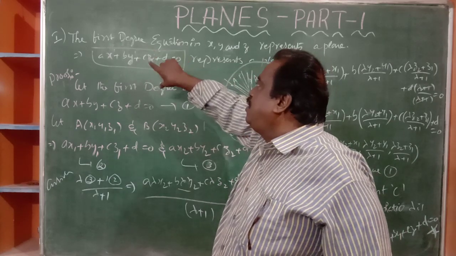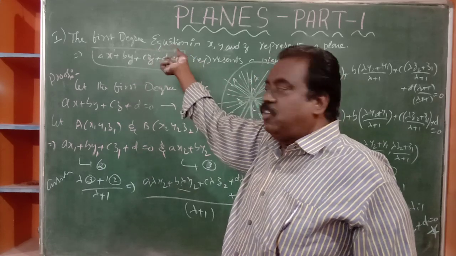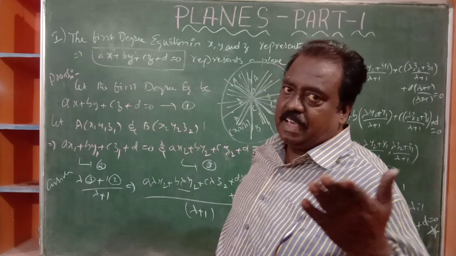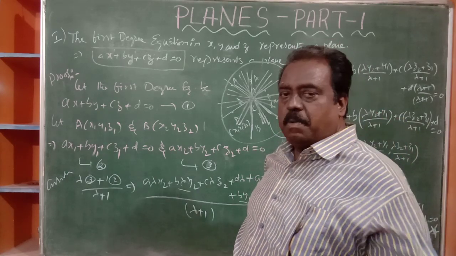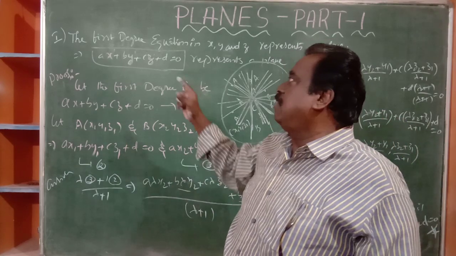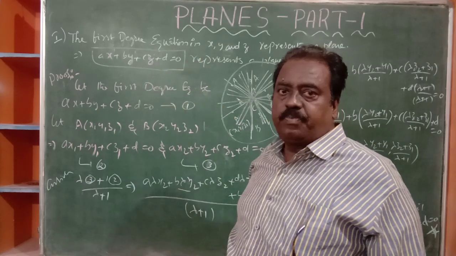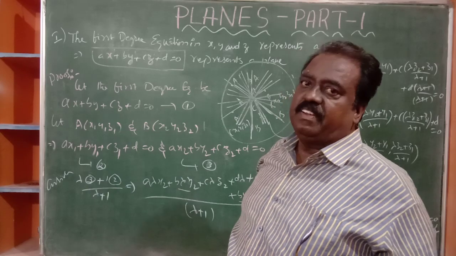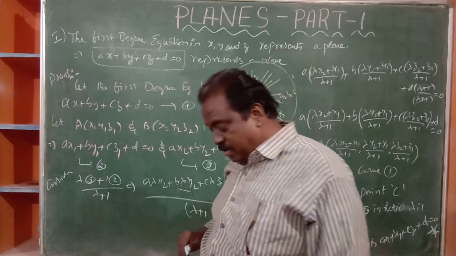If that CZ is there, that straight line generates so that we can get a plane. Like that also, you can remember it. The general equation of a plane is AX plus BY plus CZ plus D is equal to 0, which is the first degree equation, the general form of a plane.